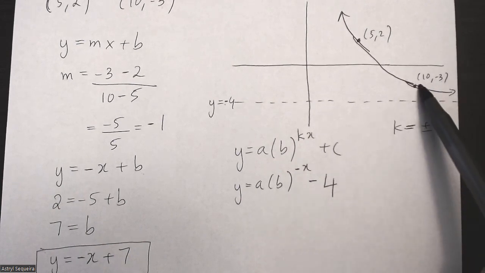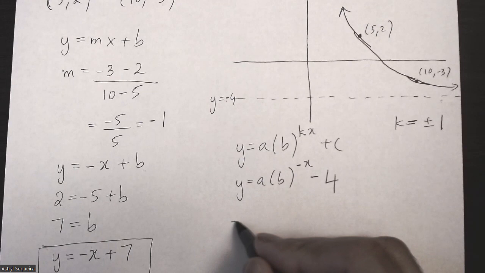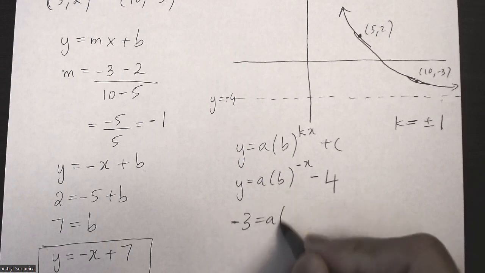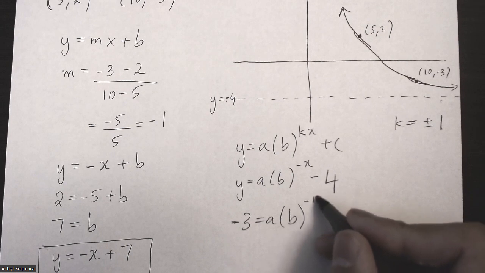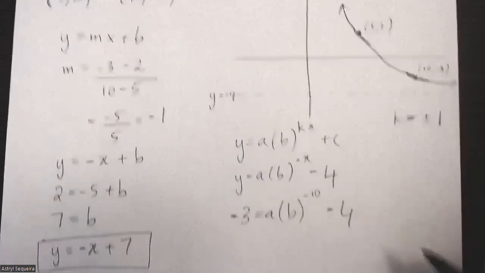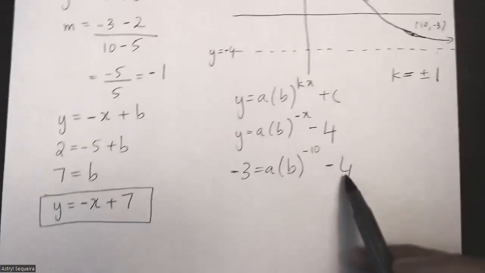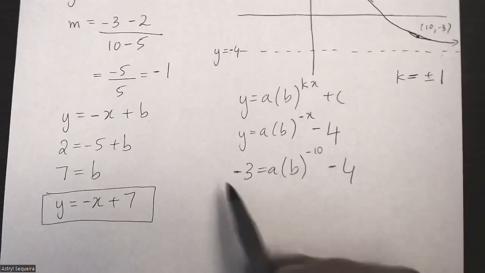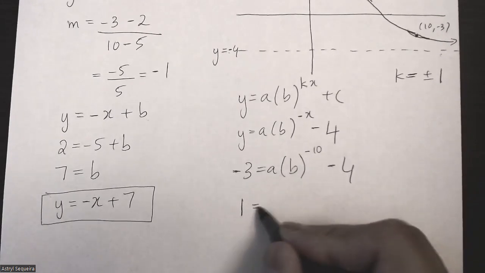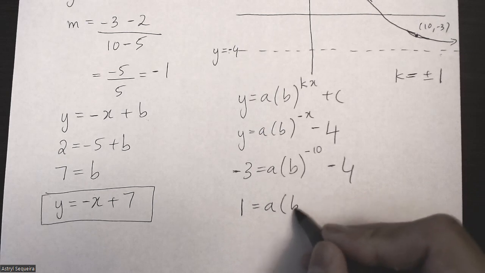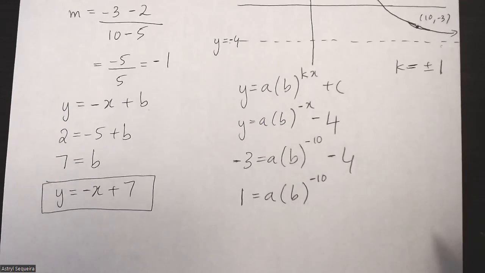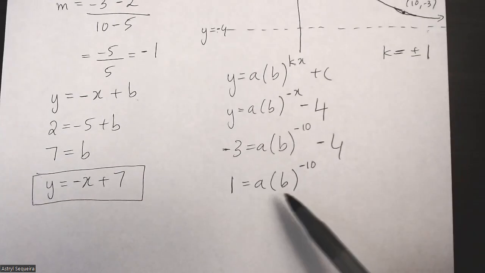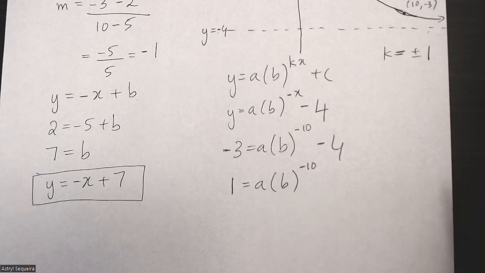Then I want to sub in my points and solve for a and b. So I'll start with subbing in this point over here. -3 equals a b to the power of -10 minus 4. I will move this 4 to this side and add it. So 1 equals a b to the power of -10. I can't really solve this equation anymore because I have two variables.